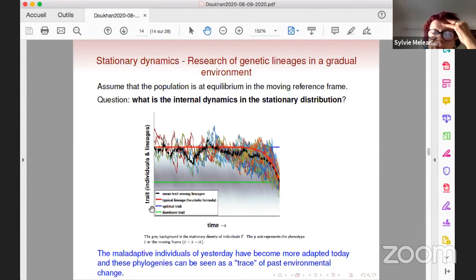That means that if we simulate the PDE with initial condition capital F, our equilibrium, then at any time we stay with this profile F, which remember is a Gaussian distribution. And so here the green line represents minus C. And so we have a distribution centered around minus C all the time.